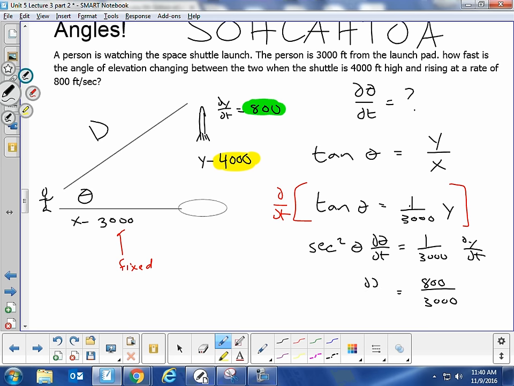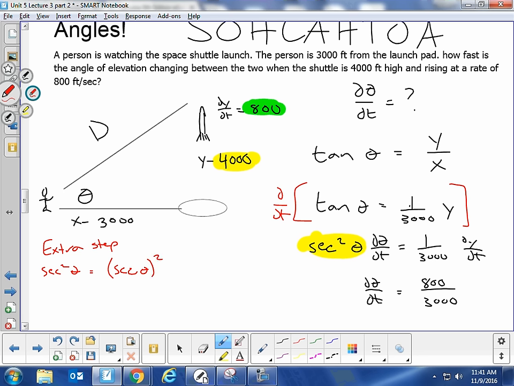And I'm trying to find d theta dt, but I got a problem. I need to figure out the secant squared of theta. Here comes my extra step. Now, it's important to understand that secant squared of theta is the same as the secant of theta, squared.